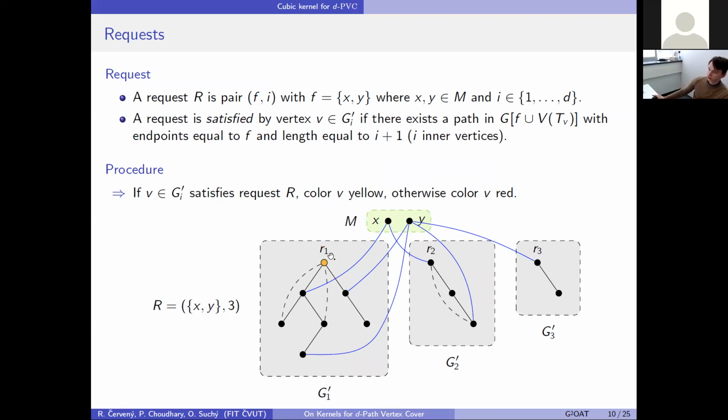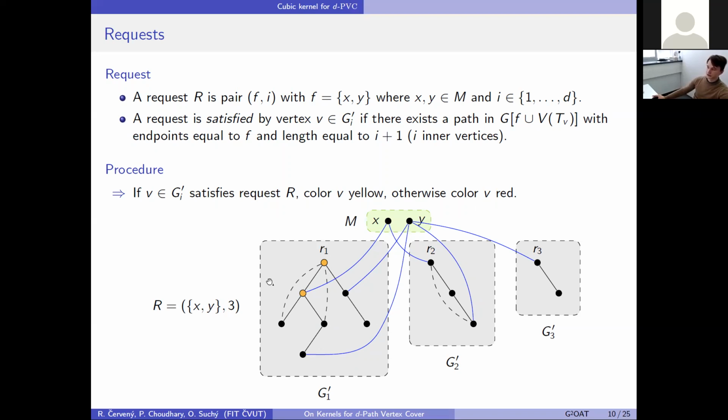This vertex will be colored yellow because if you look at the subtree rooted at this vertex, you can find this path with 3 inner vertices with endpoints x, y. That's why this one is colored yellow. The same goes for this one. Again, you can find in this subtree some path that starts with x, then goes to this one, goes down here, and then goes to y.